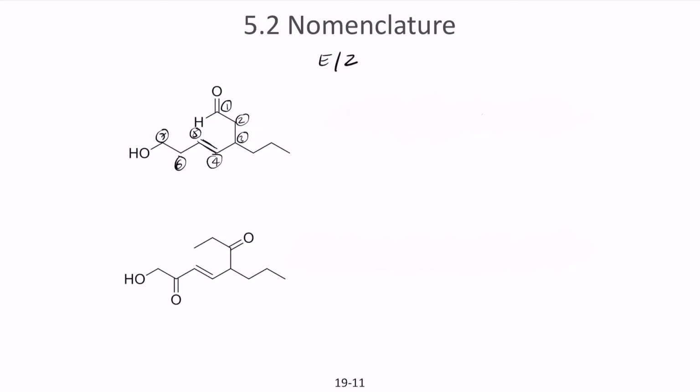So let's try and name it as per the structure. First things first, write down the parent chain. The parent chain is heptane, but it has an aldehyde at the first carbon, so it is heptanal.